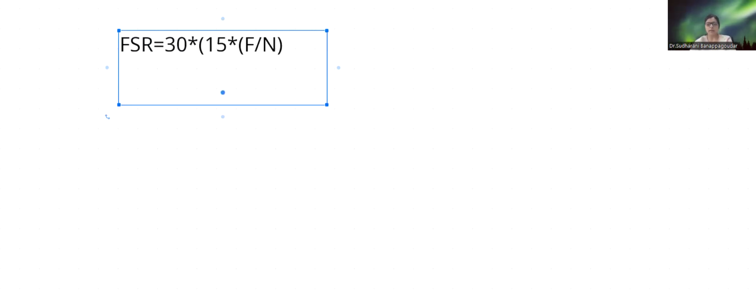So FQ would be less than 10. So in order to get the maximum marks, we have to have more number of PhD, I mean, at least 95% of the faculty members must be PhD to get the maximum mark.